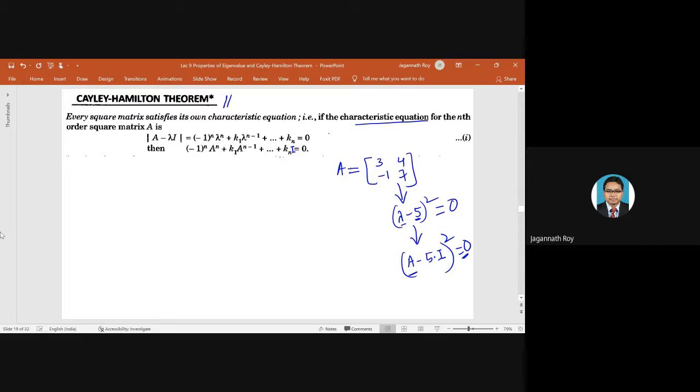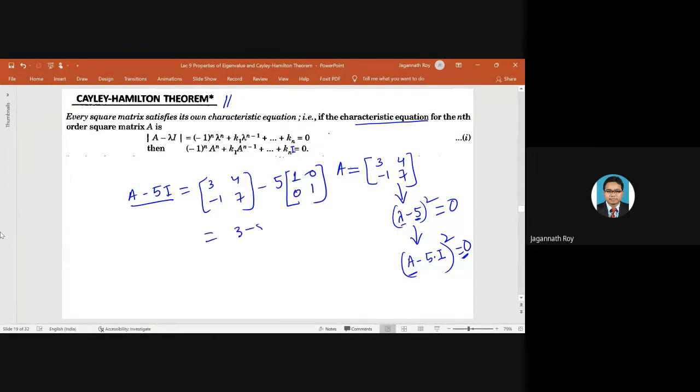So let us find A minus 5I. That is 3, 4, minus 1, 7, minus 5 times I, which is 1, 0, 0, 1.